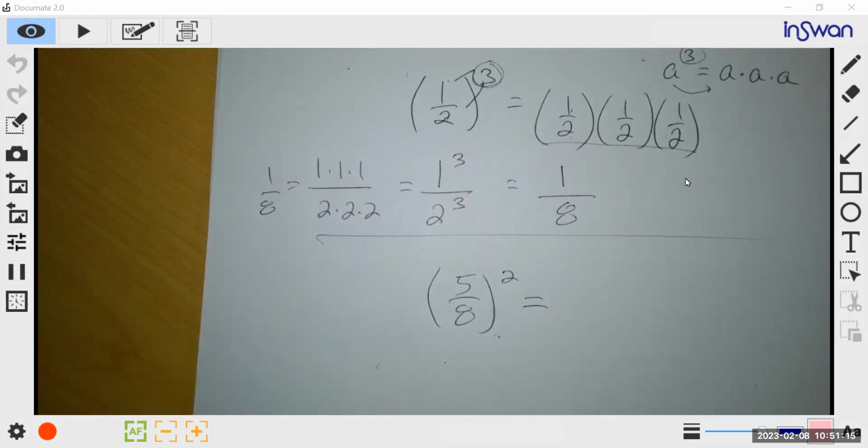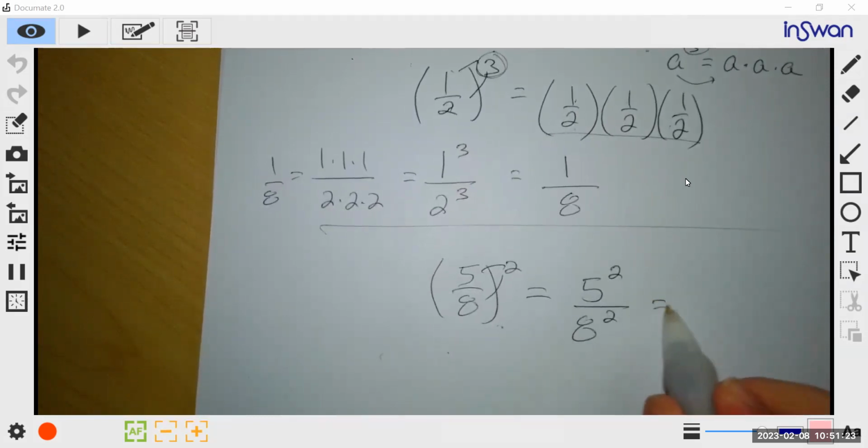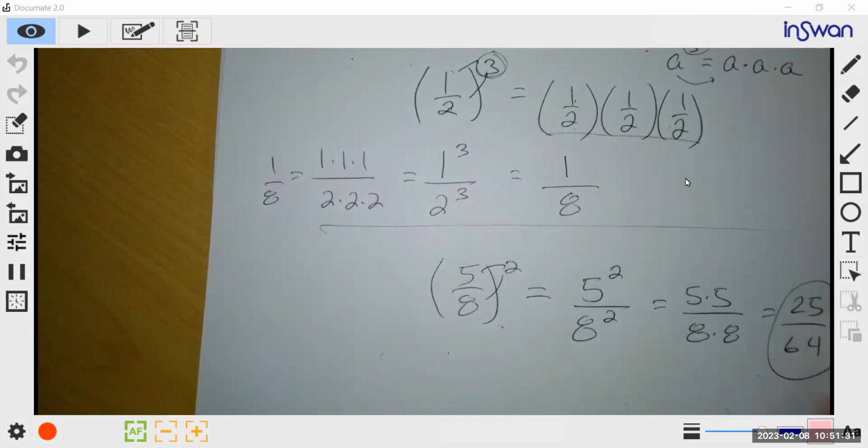Yep. So I take this 2 and put it on top of each number. So 5 times 5, 8 times 8. So it's 25/64. There's your answer.